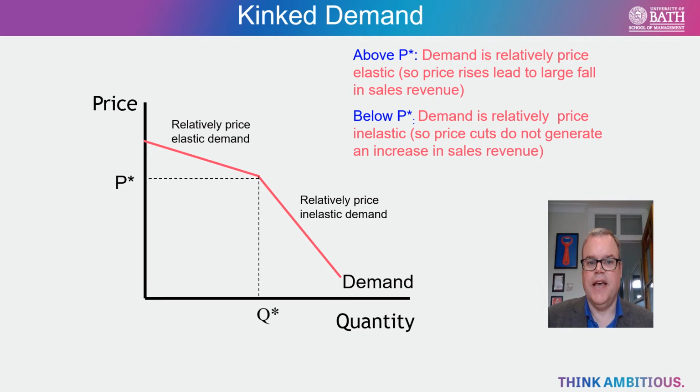So here we have a kinked demand curve that a typical firm under oligopoly may perceive that it is facing. P star is the prevailing market price, and the firm produces Q star. The portion of the demand curve above P star is relatively price elastic.